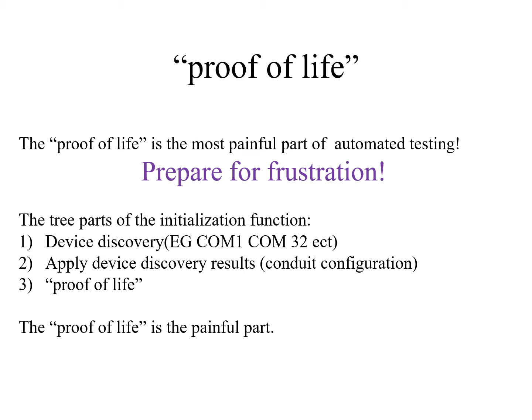You can't just immediately launch into whatever it is that you want to measure or automate. You have to have the initial connection, the initial contact, and I call this proof of life. The problem is that you have a lot of things that could go wrong, and this is just like the last big hurdle. Once you make it through here, you're in good shape.